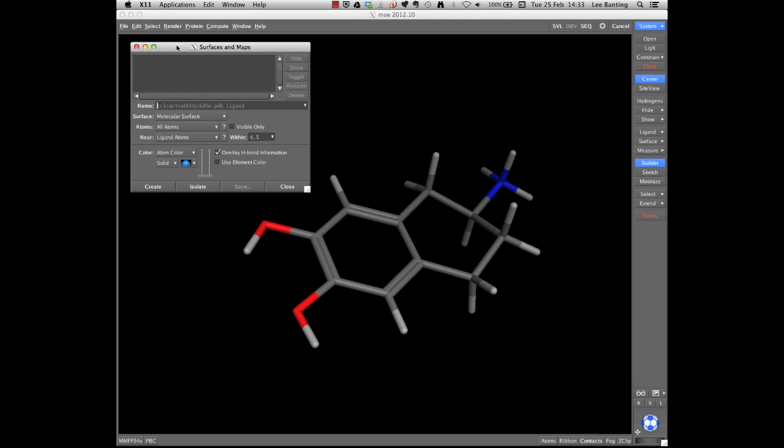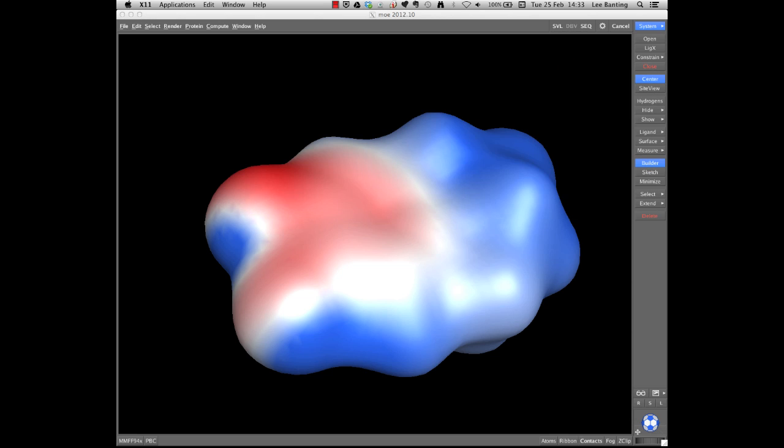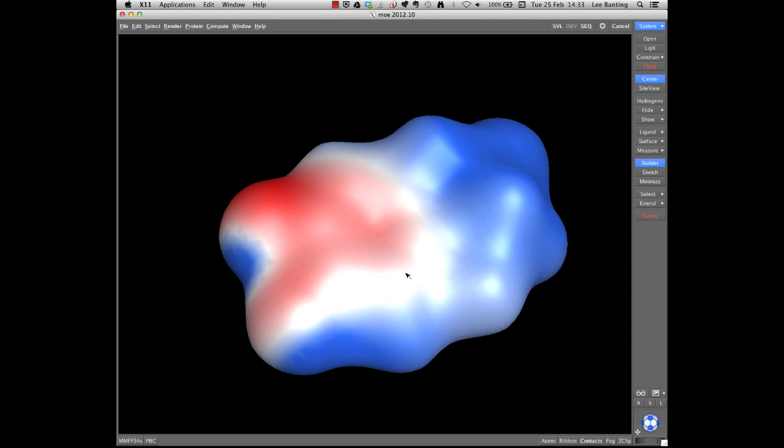One thing we can also do while we're in here, which is quite cool, and this is what graphical environments allow us to do, we can calculate molecular surfaces on our molecule that show properties of the molecule, like charge at its surface.